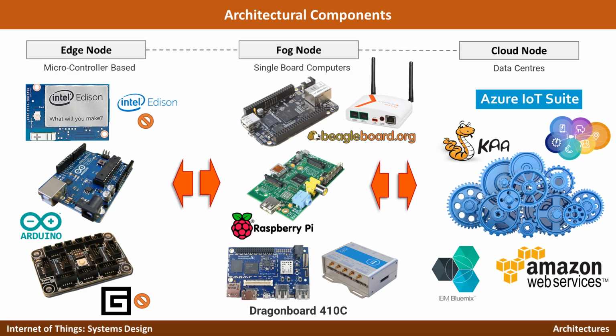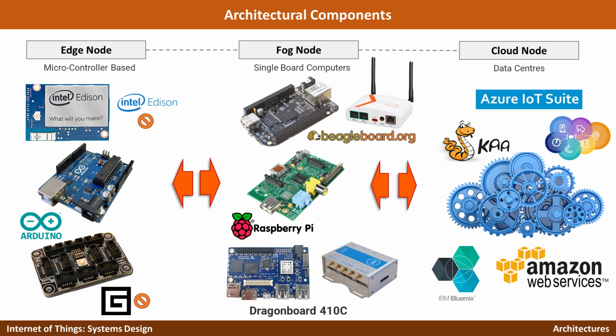So to summarize, you have the microcontrollers, single board computers, and the data centers, where you try to do most of your processing on the edge node. The reason is that data communication takes time and also takes more bandwidth. And you will also learn that processing is cheaper in terms of energy consumption, if you are battery powered, than any kind of communication.